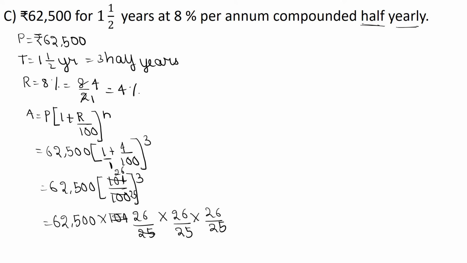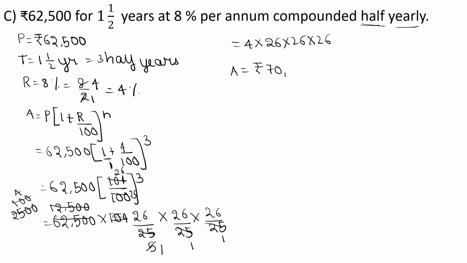And 5 5s 25, 5 12,500, and here 5 ones 5, 2,500, 25 ones 25 hundreds, 25 fours is 100, and totally we get 4 into 26 into 26 into 26. Totally when we multiply, we get amount rupees 70,304. So this will be the amount.